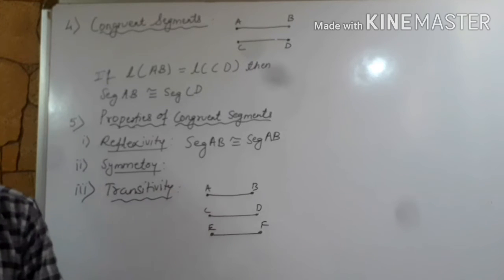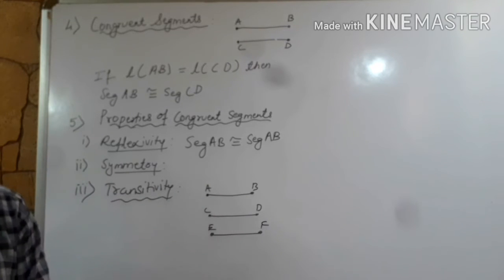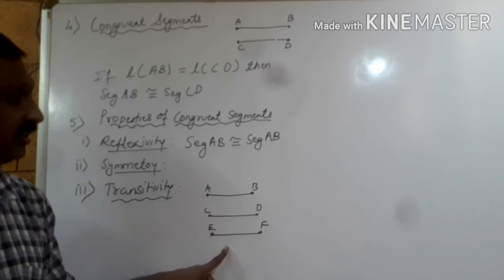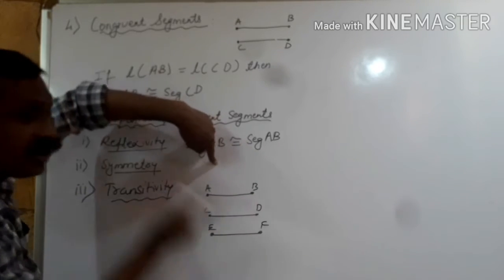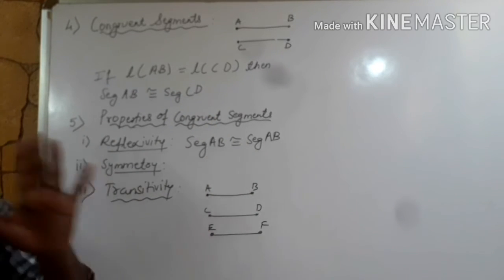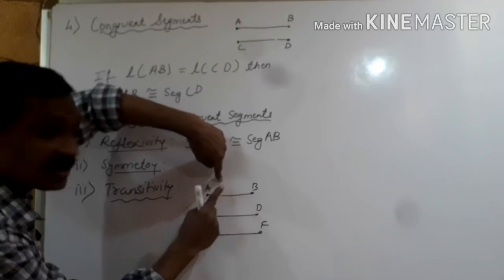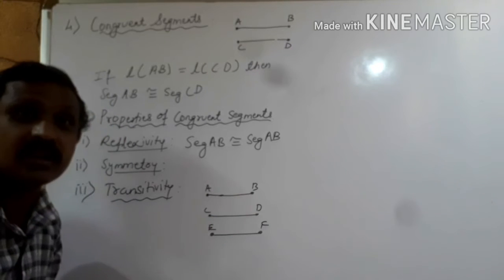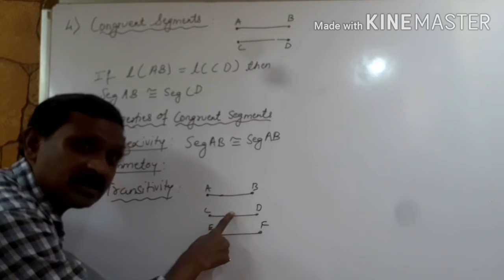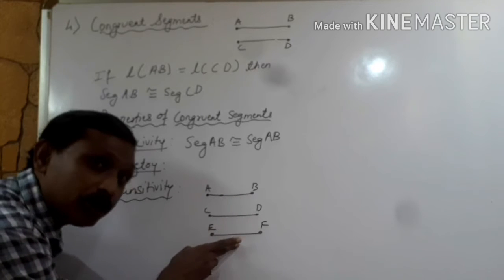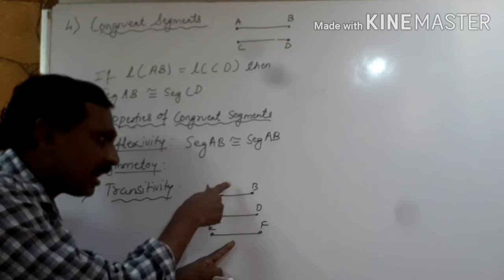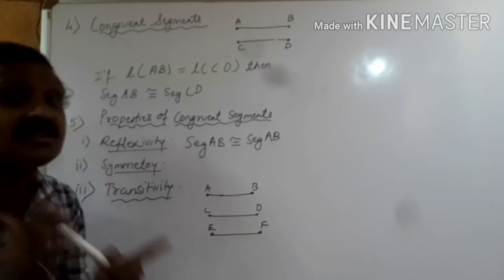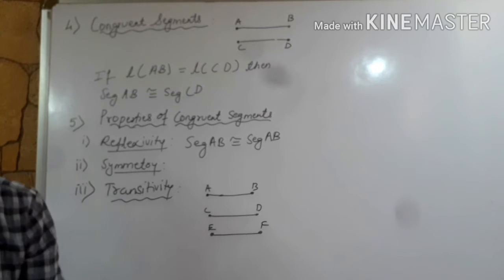If segment AB is congruent to segment CD and segment CD is congruent to segment EF, then we say that segment AB is congruent to segment EF. See properly, that is called the transitivity property.